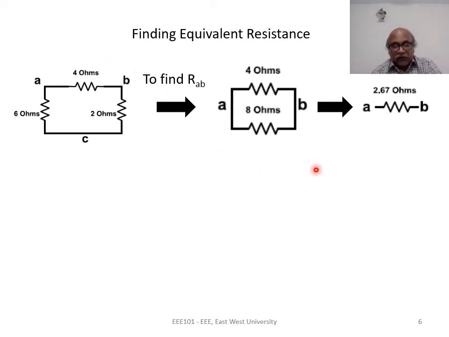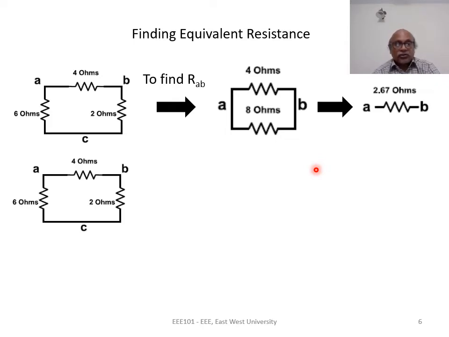We can also find the equivalent resistance between other two nodes. Let us consider RAC. We want to determine the equivalent resistance between node A and node C. As before, we cannot combine 6 ohms and 4 ohms in series.